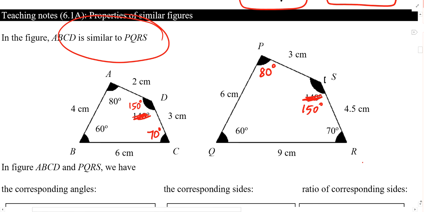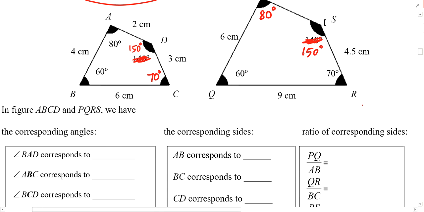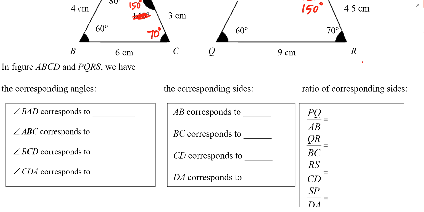Now we're going to use the same idea, same approach, to write out all the corresponding angles and all the corresponding sides. BAD, QPS. Help me check if I made any mistakes. PQR, BCD, QRS, CDA, RSP.